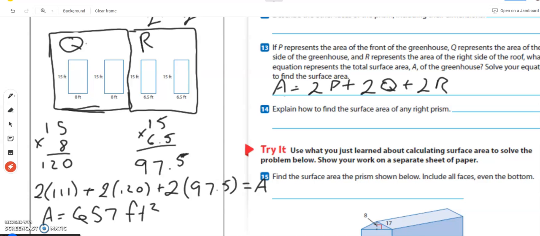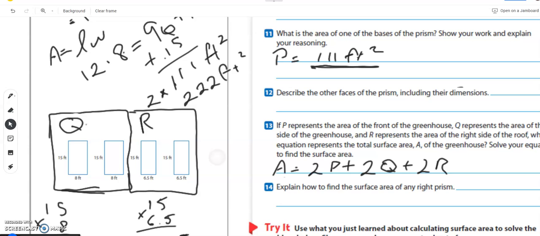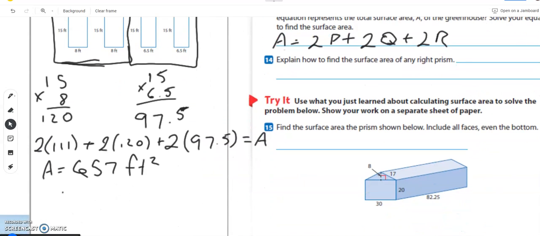Then we had already figured out that P was 111. So we got 2 times 111 plus 2 times 120 plus 2 times 97.5. So the total area of the greenhouse, since you don't have to deal with the bottom, is 657 square feet.